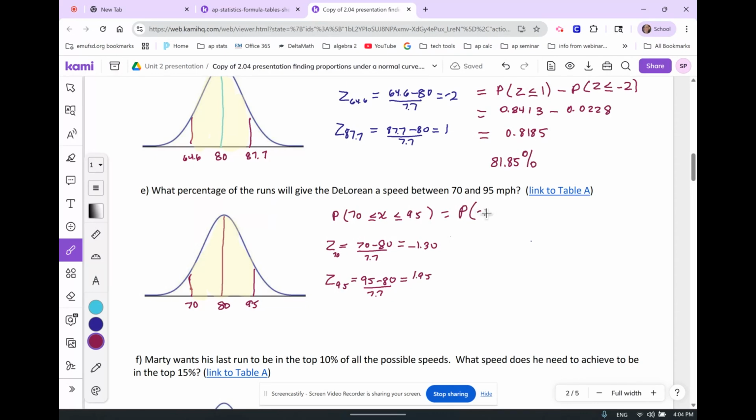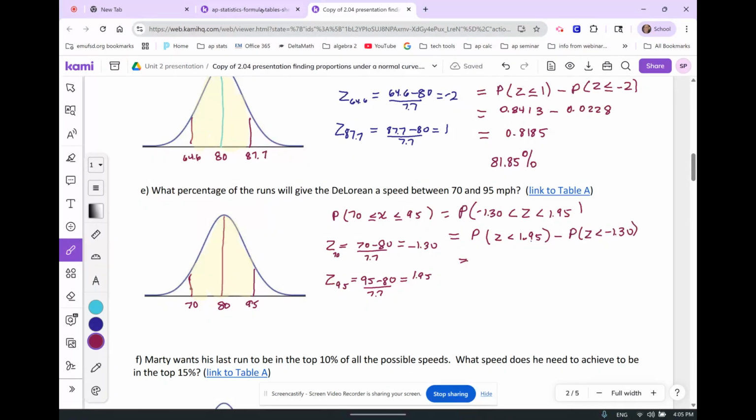So negative 1.3 is less than z is less than 1.95. If you're doing this by hand, again, it will be easier when we start using technology, and on a test you can always use technology. We're going to find the probability z is less than 1.95 minus the probability z is less than negative 1.30.